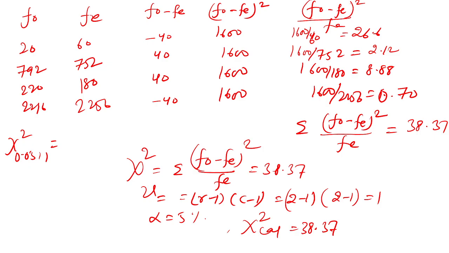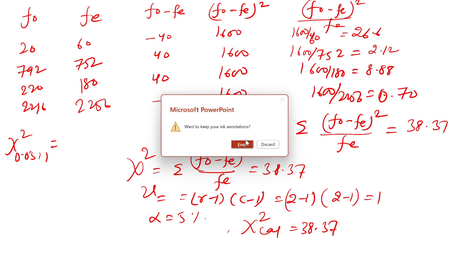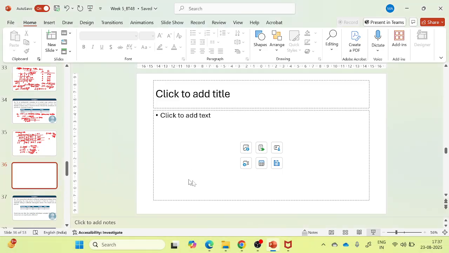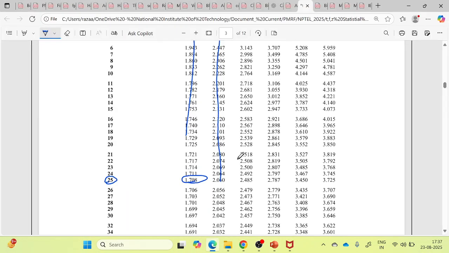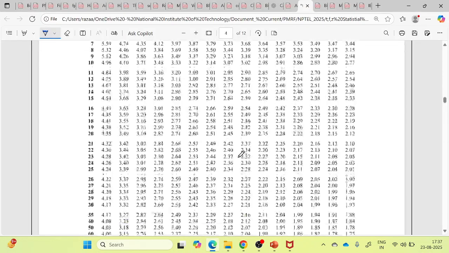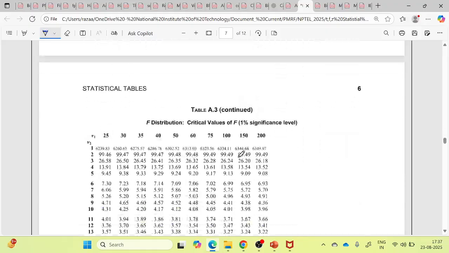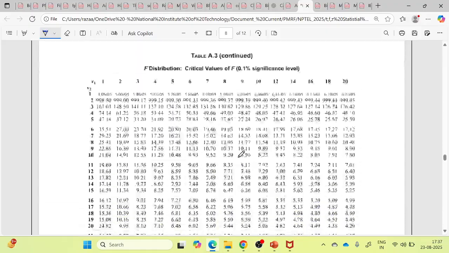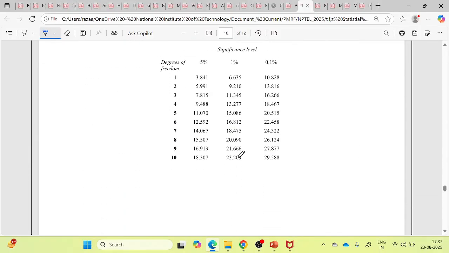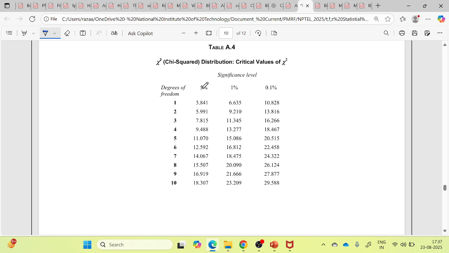We can go to the chi-square table. This is the chi-square table. At the 5% level, degree of freedom 1, it becomes 3.841.